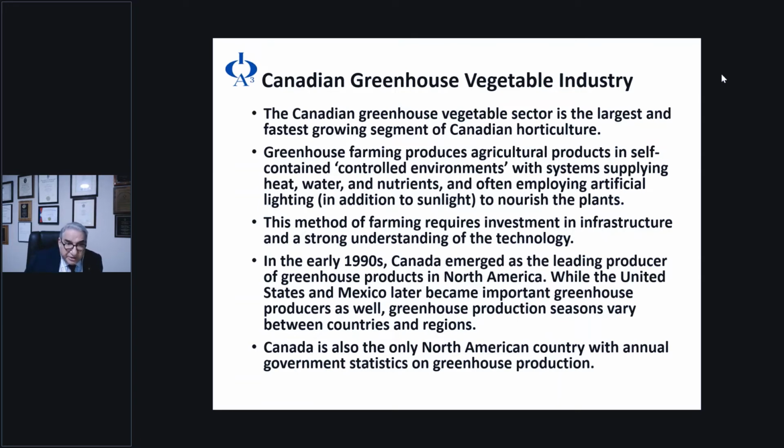Later on, the United States and Mexico also played a major part in this region, providing vegetables like tomatoes, cucumbers, and others. Canada is also one of the only North American countries that provide an annual government statistic of greenhouse production.